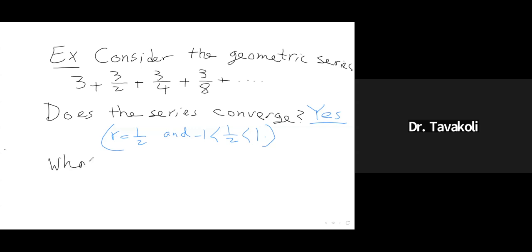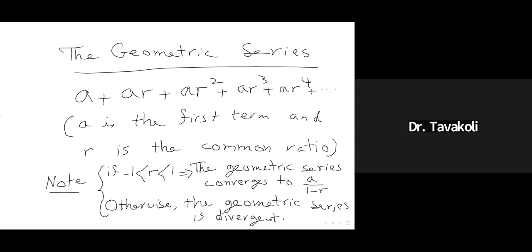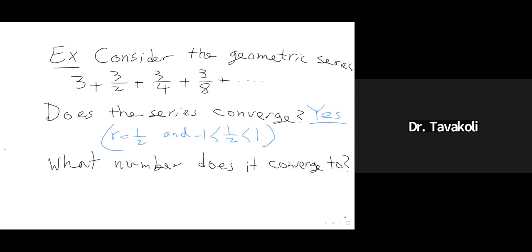What number does it converge to? Do you remember that formula? The first term divided by 1 minus R. So the first term of this series is 3, over 1 minus R. R is 1/2.